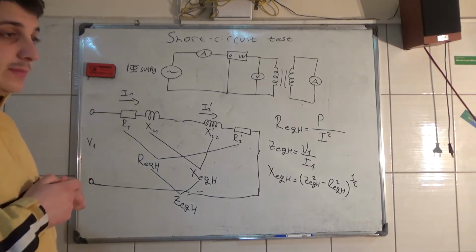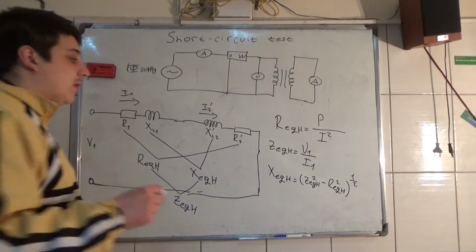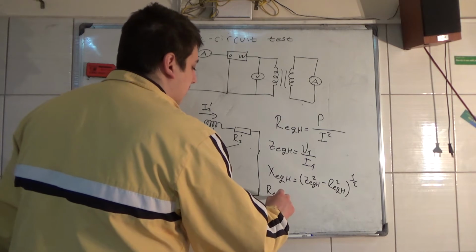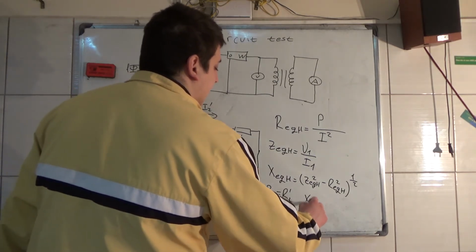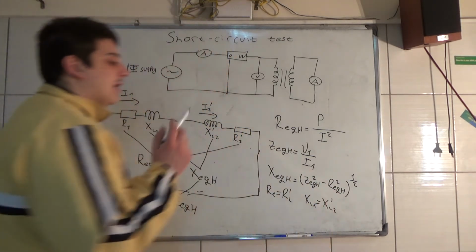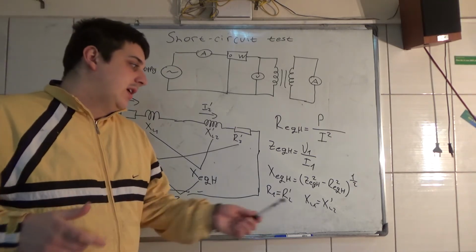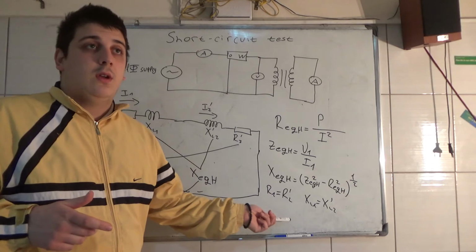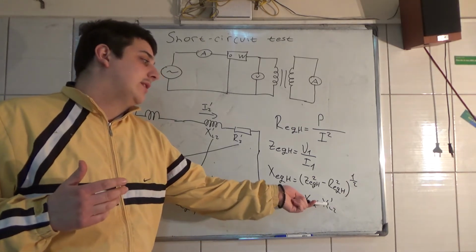And in a good transformer, R1 is equal to R2 prime and XL1 is equal to XL2 prime. If the transformer is well designed, R1 is equal to R2 prime and XL1 is equal to XL2 prime.